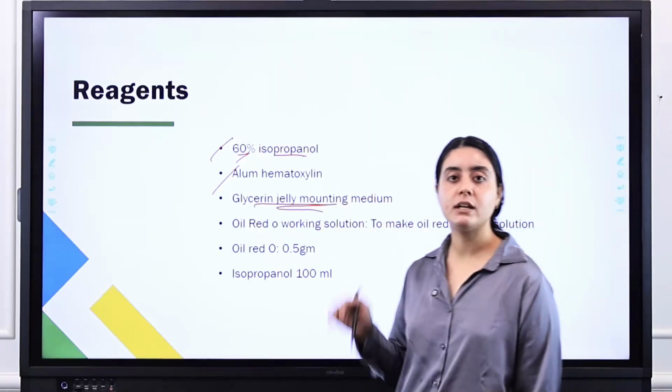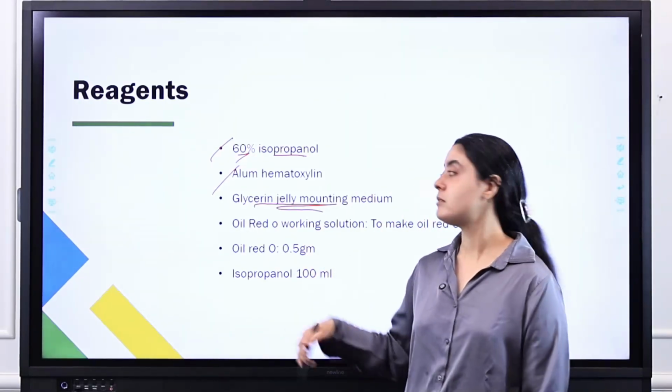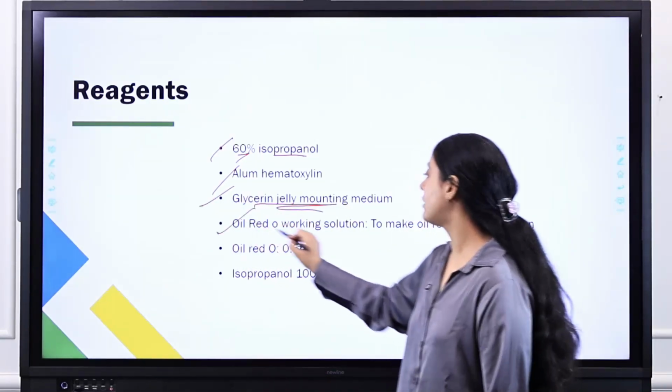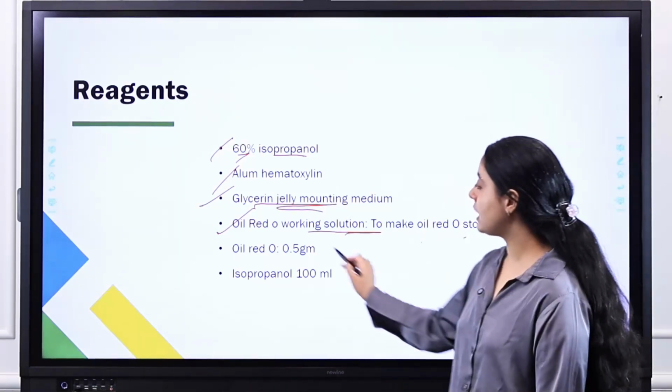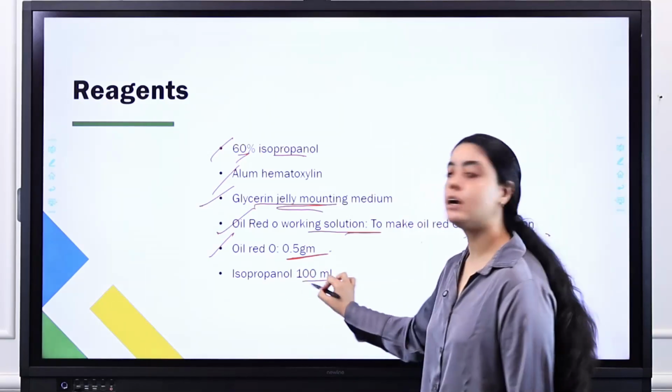We need a mounting medium in each and every step, and here we use glycerin jelly mounting medium, obviously an oil red O working solution. To make the oil red O stock solution, we take oil red O 0.5 grams and isopropanol 100 ml.